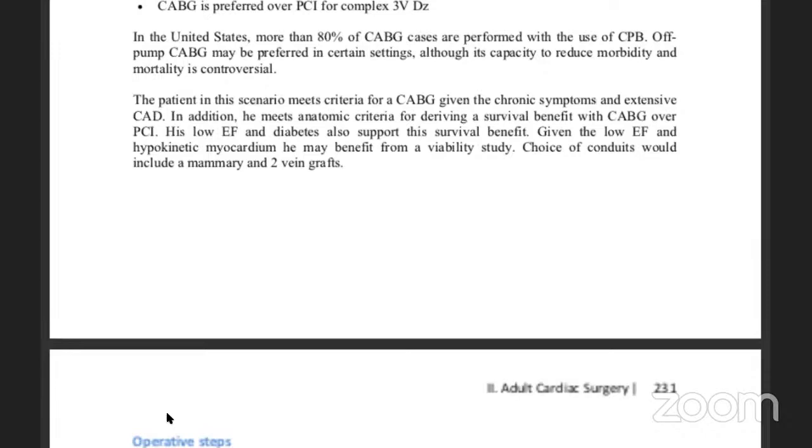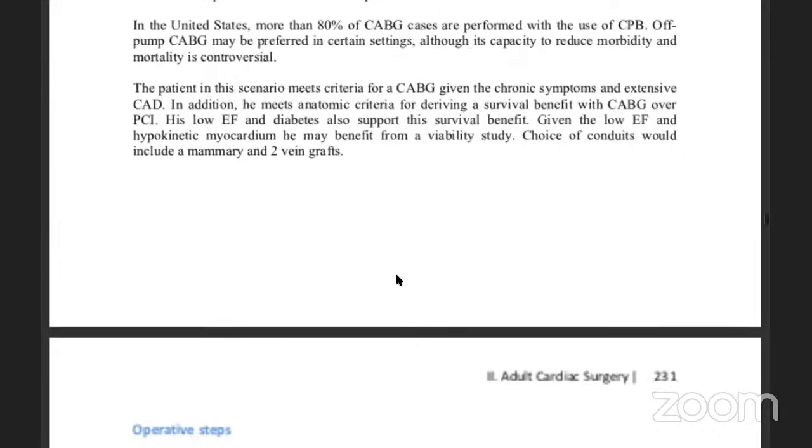I'm not sure if any have proven that you can alternate by using one pedicle and one skeletonized. If you mention this, you have to be aware of the evidence, because I'm sure somebody will be asking this question. It's well known evidence-wise that bilateral skeletonized is better than bilateral pedicle. But even bilateral skeletonized will still have a higher infection rate than unilateral pedicle or skeletonized IMA.